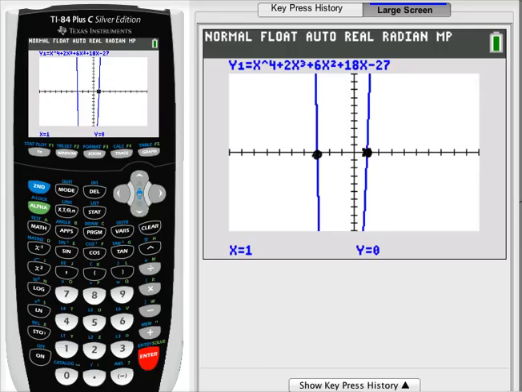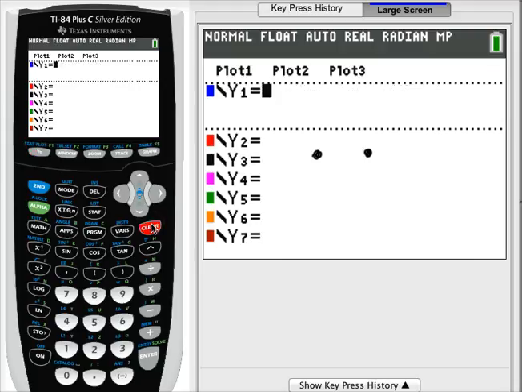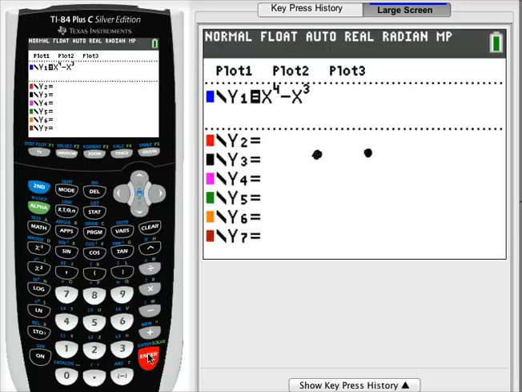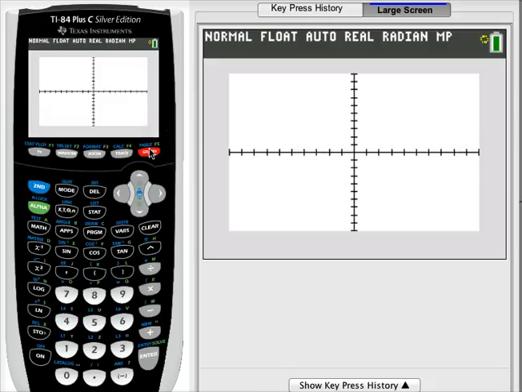So I'm going to go to my calculator, go to y equals, clear out what I've got, and type in that function: x to the 4, again using that caret key, minus x cubed minus 14x squared plus 2x plus 24. So type it in, and I go to graph.